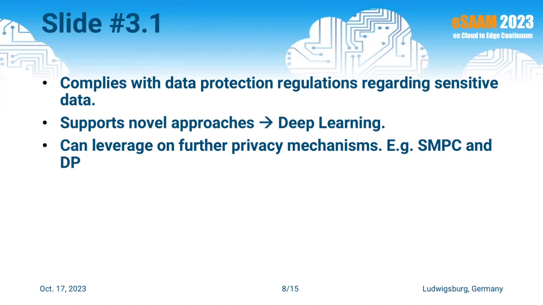Deep learning, as you know, is the most common way of training models. And it can also leverage further privacy and protection mechanisms, such as secure multi-party computation and differential privacy, that tackle some security concerns that this algorithm can introduce.